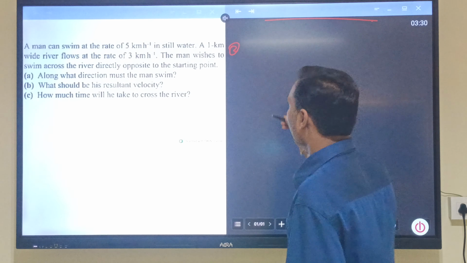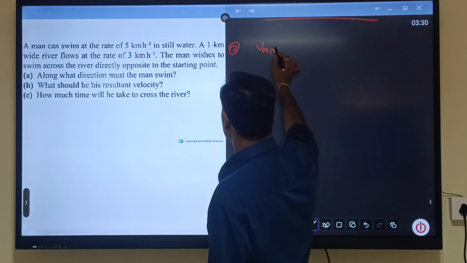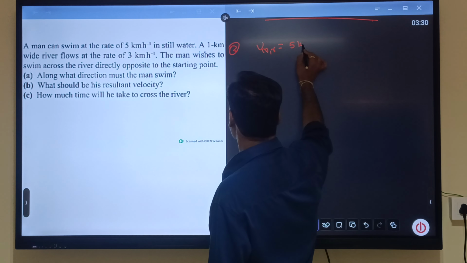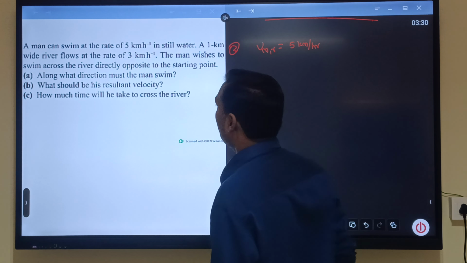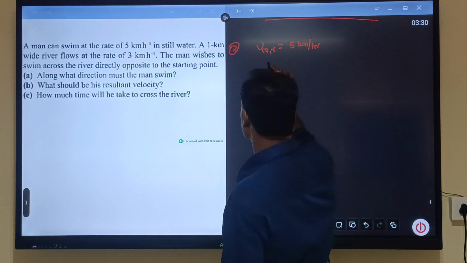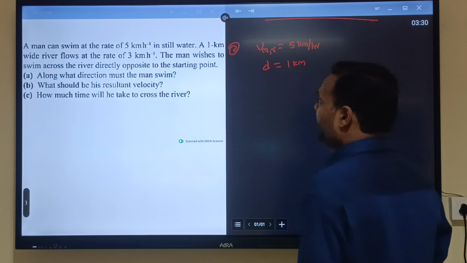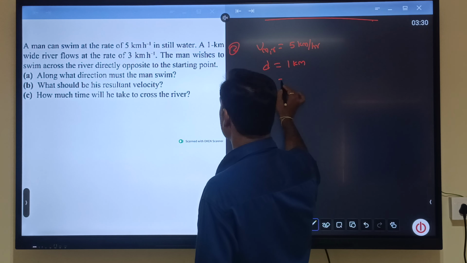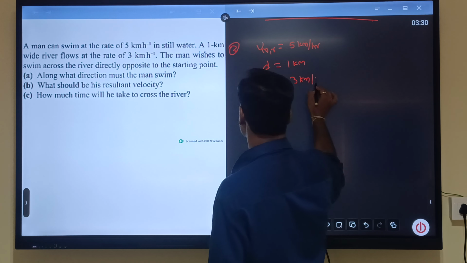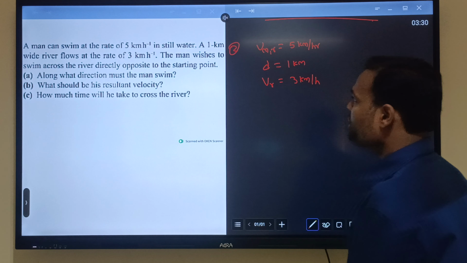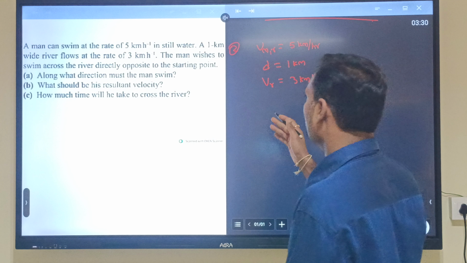A man can swim at a rate of, velocity of man with respect to river is 5 kilometer per hour, and width of the river is 1 kilometer, and velocity of the river is 3 kilometer per hour. The man wishes to swim across the river directly opposite to the starting point.